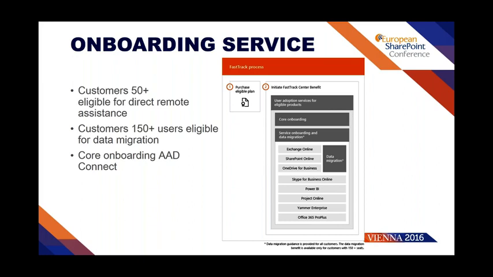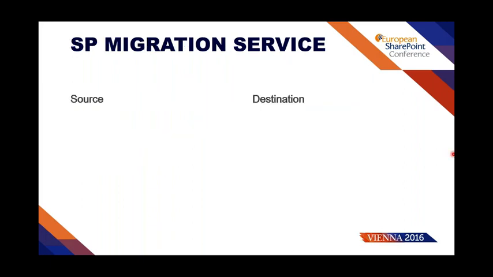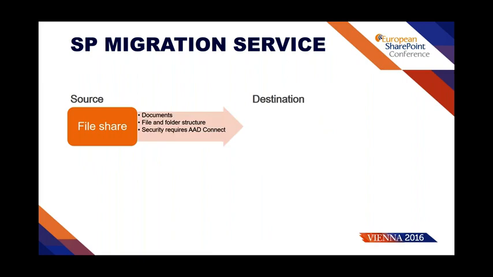When we are looking at SharePoint and OneDrive for Business, what kind of services are in it? Of course, file shares. When we have file shares as a source, we can use documents, file and folder structures, and migrate that.